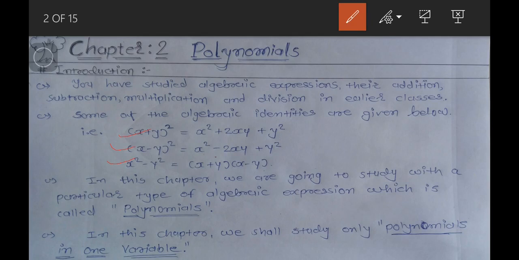In this chapter, we are going to study a particular type of algebraic expression which is called polynomials. Yes, we will use algebraic identities and algebraic expressions to understand polynomials.